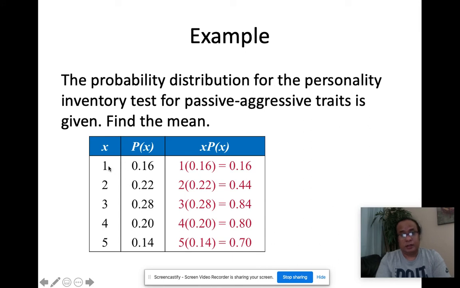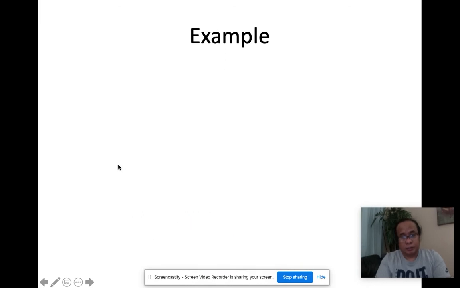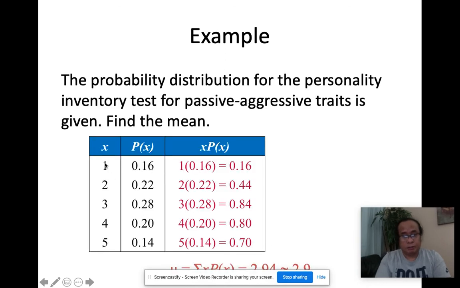To find the mean, all you have to do is multiply: 1 by 0.16, 2 by 0.22, 3 by 0.28, 4 by 0.20, and 5 by 0.14. When you get the sum, you have your expected value, which is equal to 2.94, or approximately 2.9.